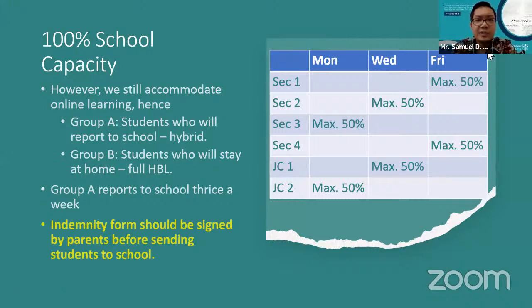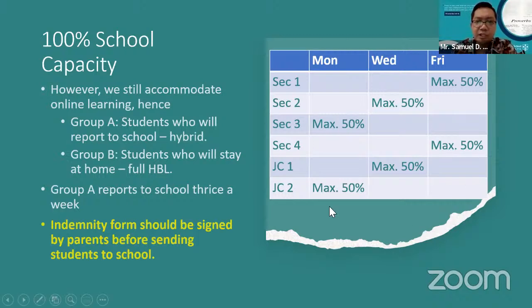100% school capacity. If you look, this was the arrangement in term 2, where on Monday we have 2 levels, Wednesday another 2 levels reporting to school, Friday another 2 levels, and each class can accommodate only a maximum of 50% of the capacity.